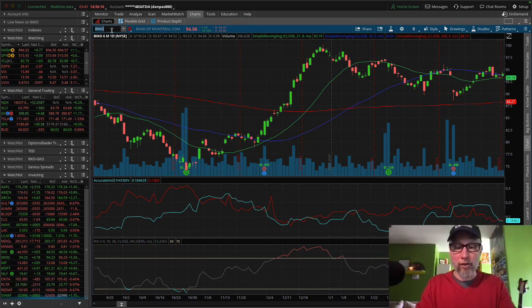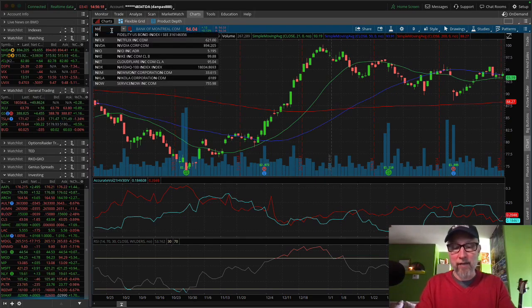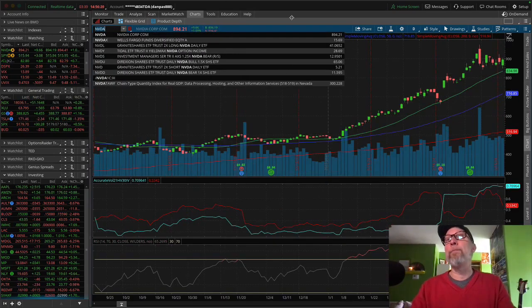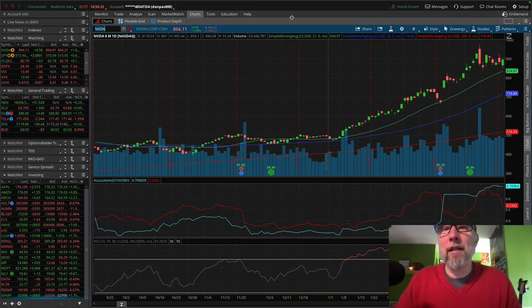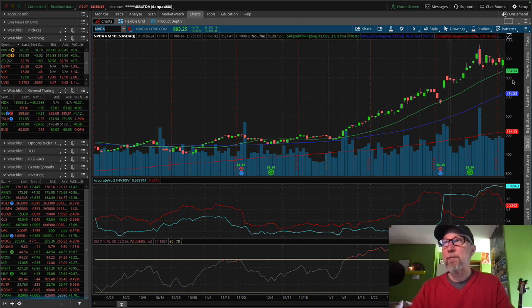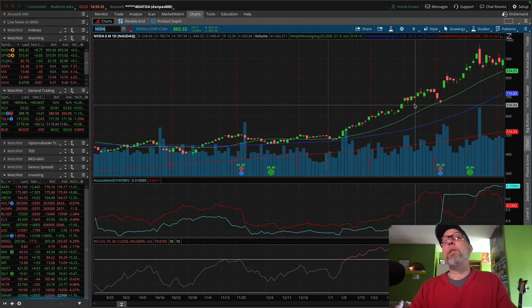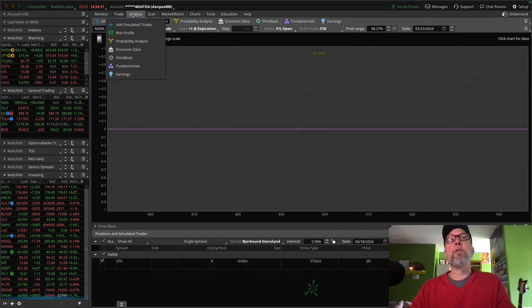Now, it can also be interesting in stocks like NVIDIA right now. Again, I'm not saying that I love this trade or anything, but it's an interesting one to look at for a poor man's covered call. If you're one of the folks who is bullish on this, this can become an interesting play for one other reason.